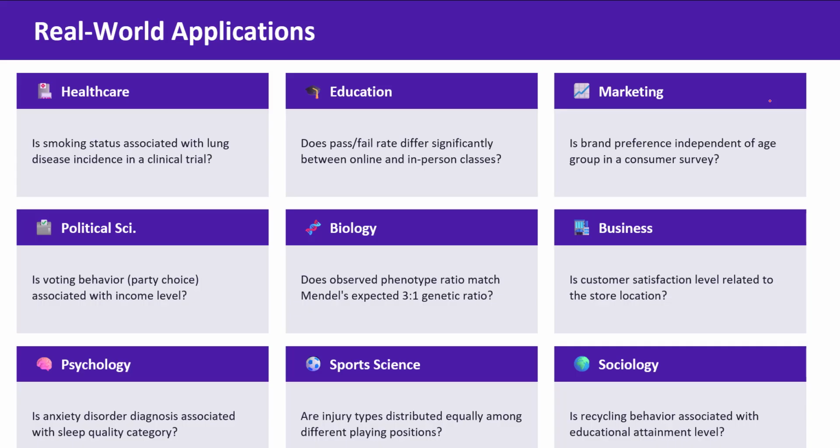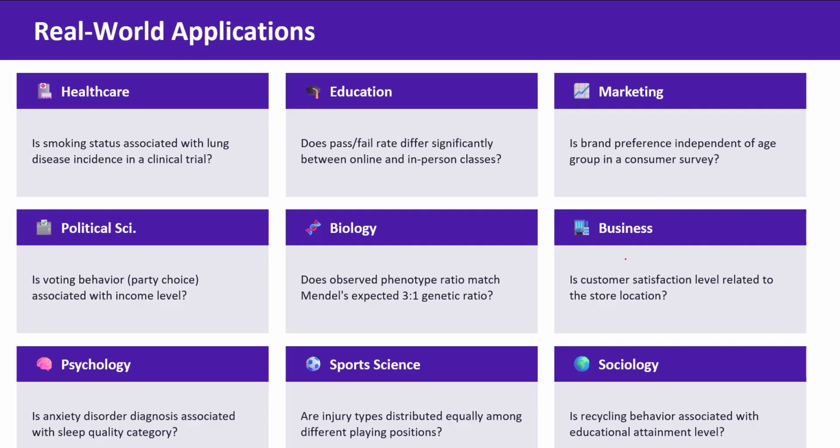And then some real world applications. In the healthcare industry, how smoking status is associated with lung disease incidence in a clinical trial. In the education sector, whether the pass-fail rate differs significantly between online and in-person classes. In the marketing industry, whether brand preference is independent of age group in a consumer survey. In political science, whether voting behavior, party choice, is associated with income levels. In biology, does the observed phenotype ratio match Mendel's expected 3:1 genetic ratio?